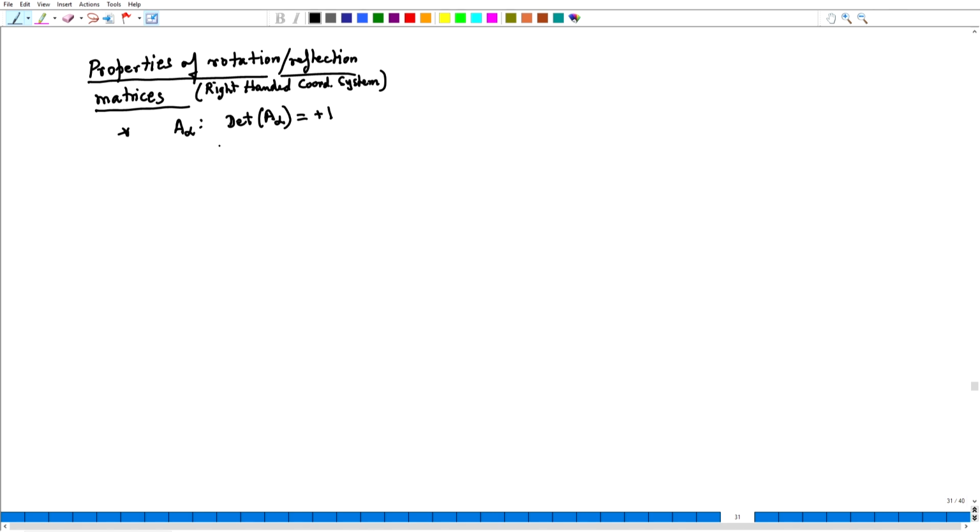Another is that the inverse of the matrix A alpha is equal to the transpose of the matrix A alpha. What this basically means is, then A alpha inverse multiplying into A alpha is equal to A alpha transpose multiplying into A alpha, which is equal to the identity matrix.